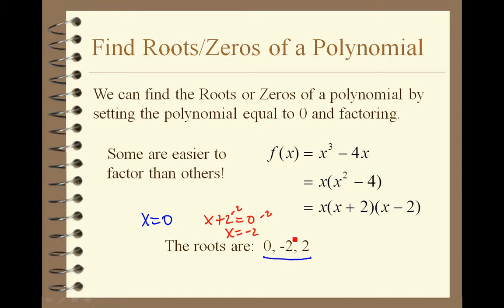And if we set x minus 2 equals 0 and add 2 to both sides, we get x equals 2. This is how you get your roots or your zeros. Roots and zeros refer to the same thing. That's how you find your roots and zeros algebraically.